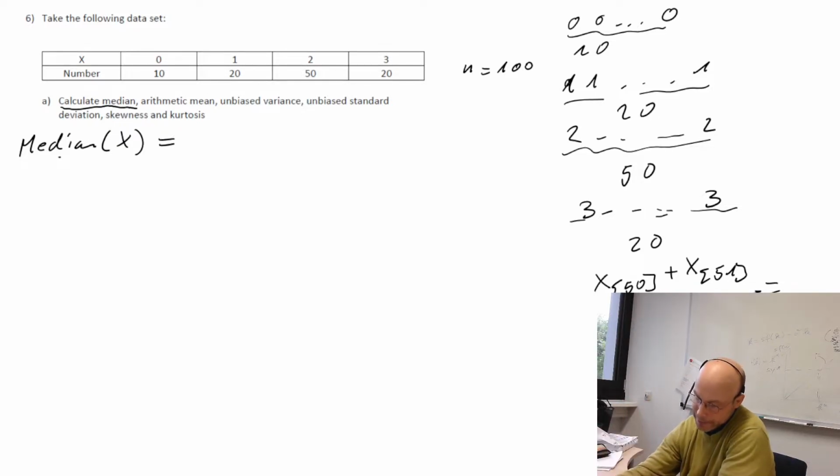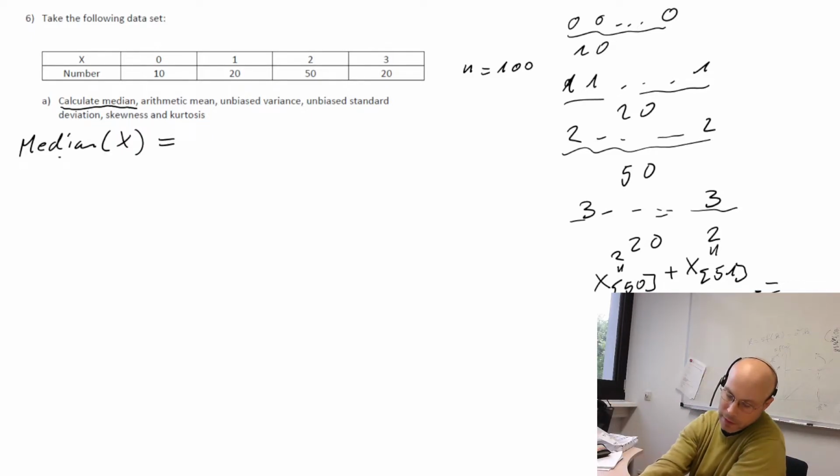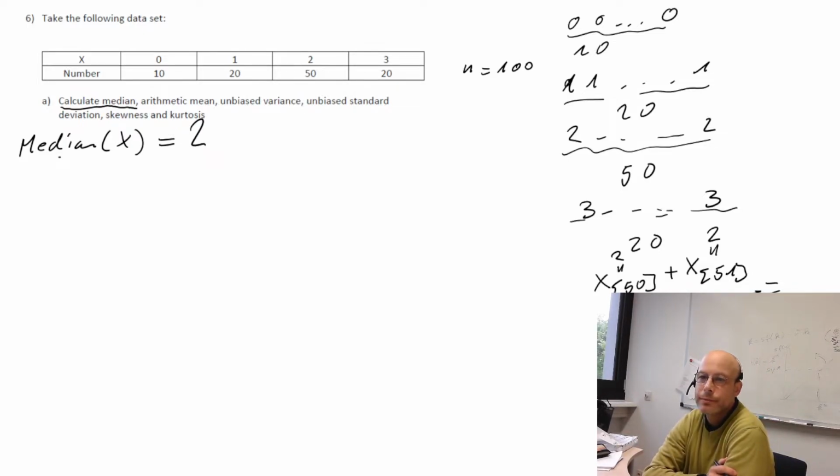So obviously x50 is then 2 and x51 is also 2. So we obtain the median is just 2. I think this is not too hard to calculate. Maybe it's too early this morning.